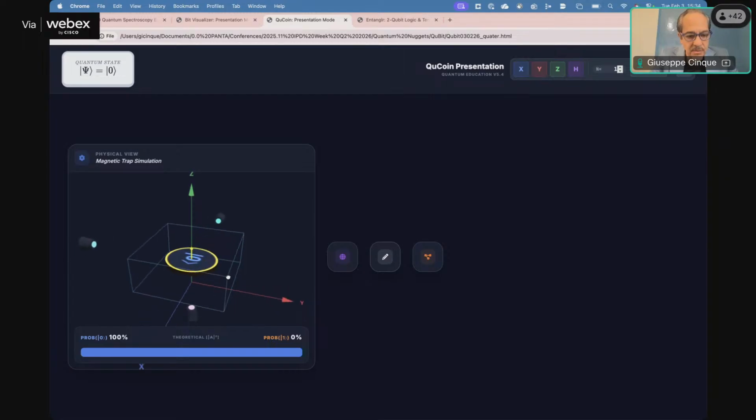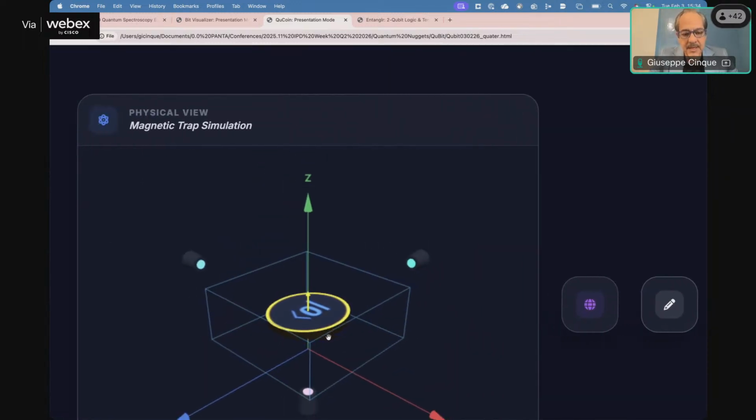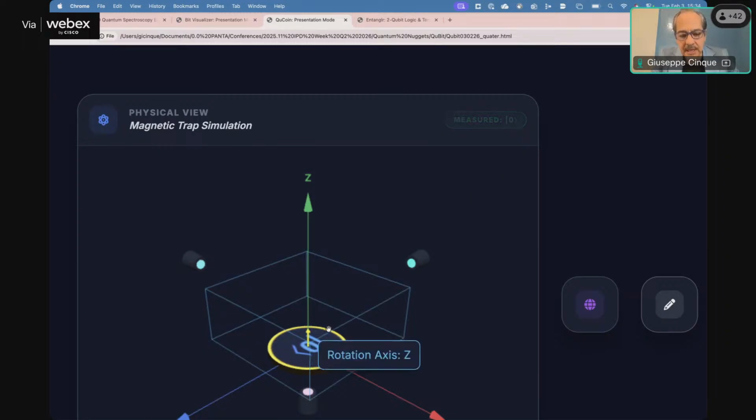So now the coin is floating, suspended by this electromagnetic system. If I turn off the electromagnetic system, of course, the coin will fall and I will measure the result. Okay, it's a 0, right?